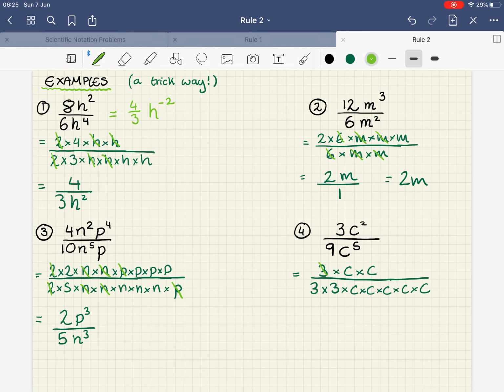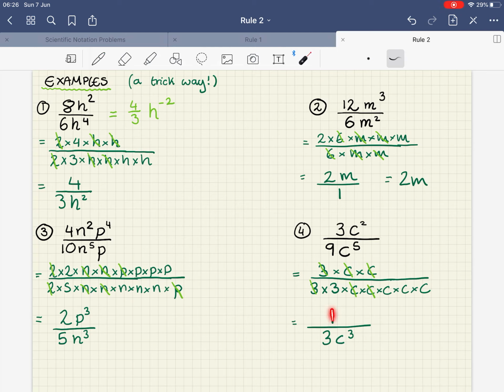Cancelling off my pairs, I've got a pair of 3's, pair of c's, pair of c's. And so again, nothing is left on the top. Everything's been cancelled out. So that means it's a 1 on the top. And on the bottom, I'm going to have 3c to the power of 3. Because I've got 3 c's there.